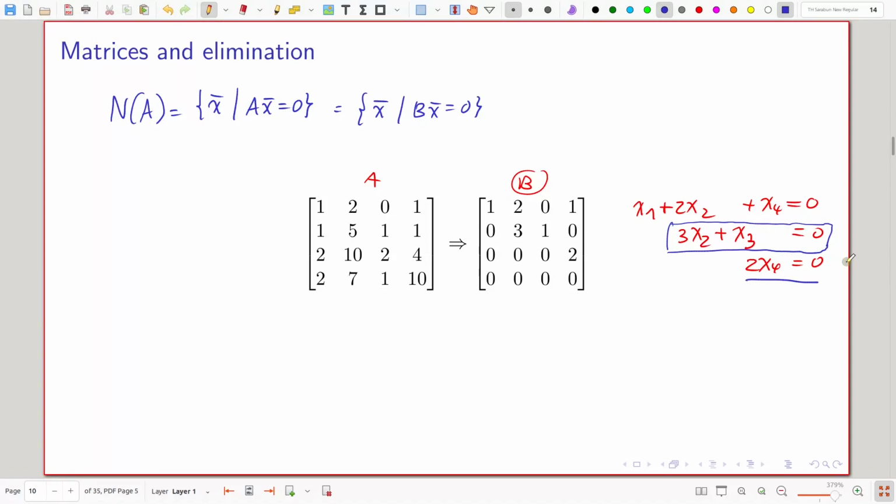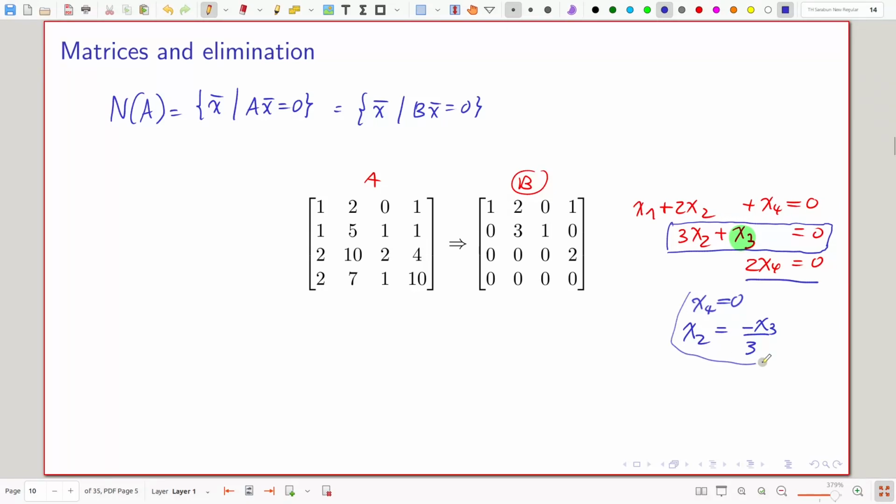Just use x3. So we will write everything in terms of x3 as we can. With this, we know that x2 equals minus x3 over 3, and we know that x4 is 0.